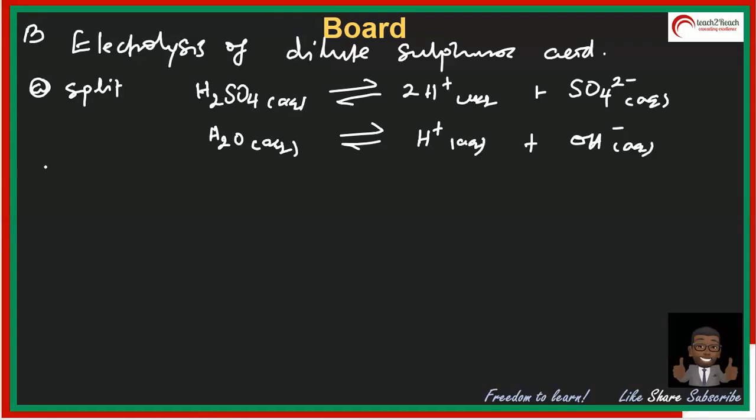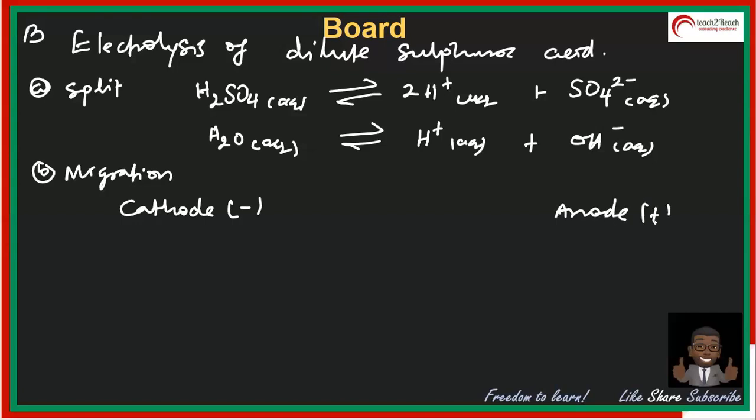So now, the second thing that's going to happen is migration of ions. The ions will migrate. So we have the cathode, your negative electrode, and the anode, which is your positive electrode. The hydrogen ions will migrate to the negative electrode, while the sulfate and hydroxide ions will migrate to the anode.